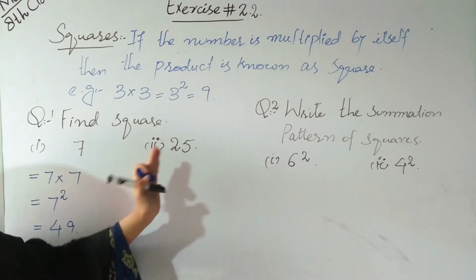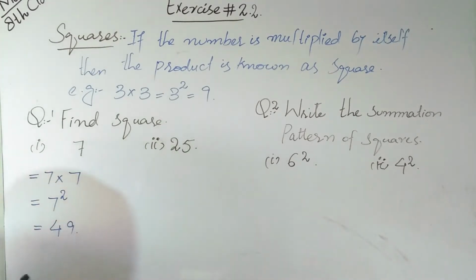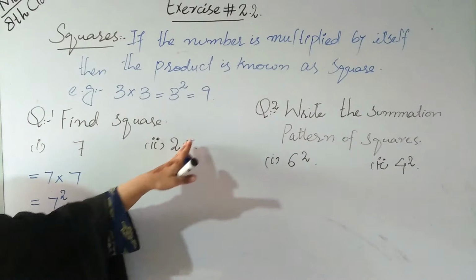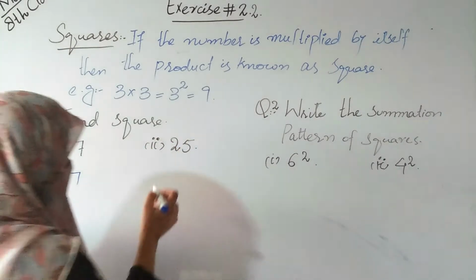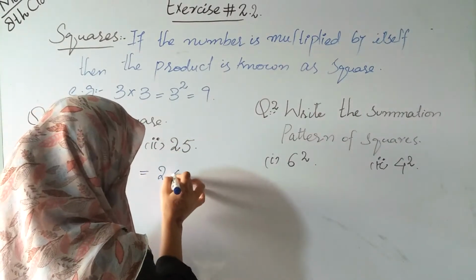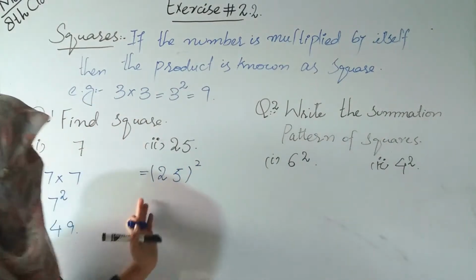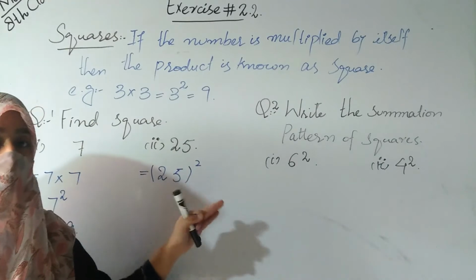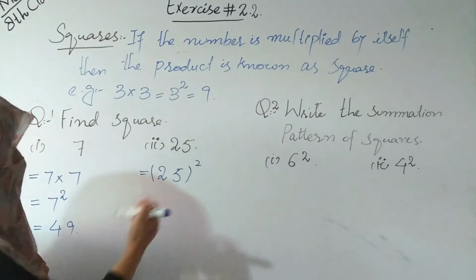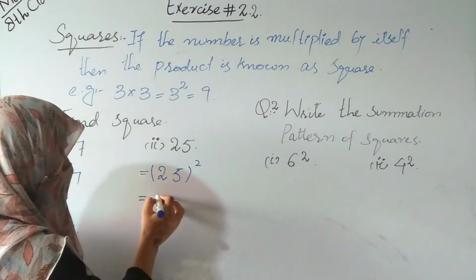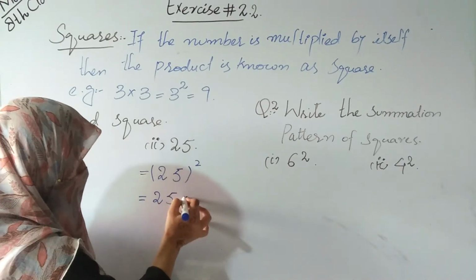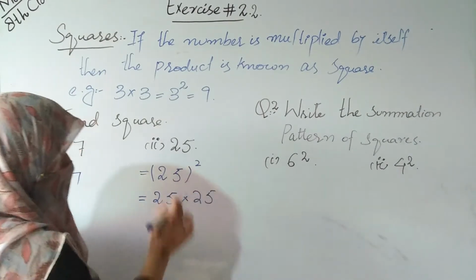Next, move to part number 2: find the square of 25. Square of 25 means 25 power 2, which means 25 square, or 25 multiplied by 25.